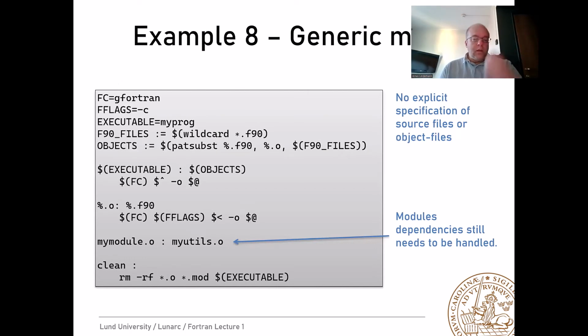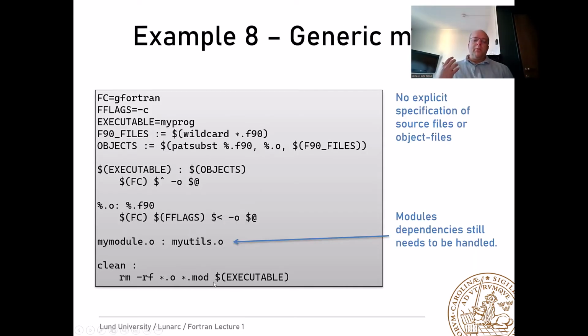So in this part here, we have %.o: %.f90. So to build a .o file, it depends on a .f90 file. And this is the rule to do this. We still keep our executable and objects here, but we add this pattern rule here.